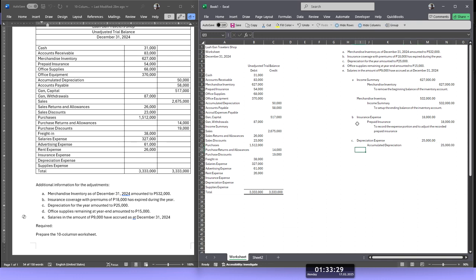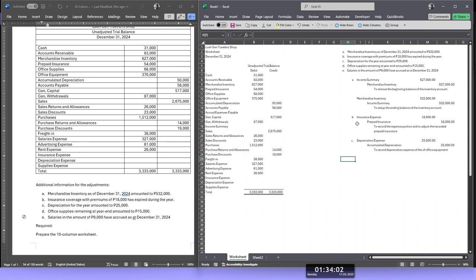Okay, and then to record the depreciation expense of the office equipment. And then the next or the fourth information for the adjustment is the office supplies.